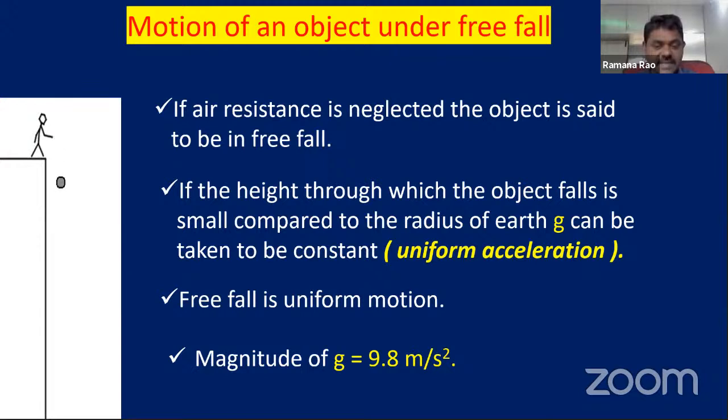For the sake of problem solving, sometimes we will consider it as 10 meter per second square. We have to take g as 10 meter per second square only if it is given in the problem, that is, if the problem says take g as 10 meter per second square. Otherwise, g is 9.8 meter per second square.